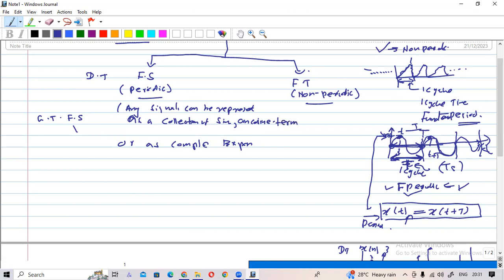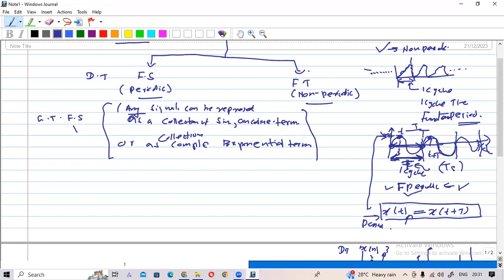You can write like this: sine and cosine terms or complex exponential terms. This is the Fourier series. Any signal can be represented as a collection of sine and cosine terms or as a collection of complex exponential terms. So this is the Fourier series representation.